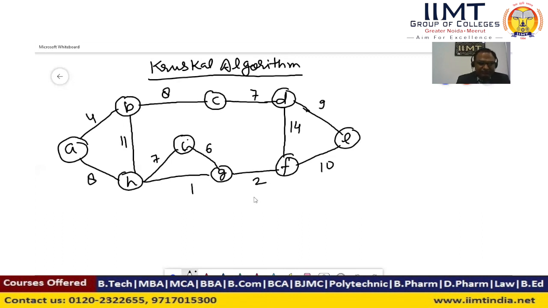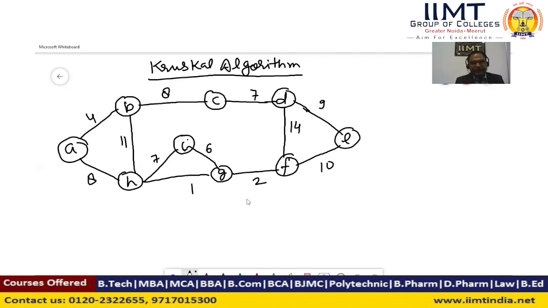Now the question is, what is a spanning tree? Basically, a spanning tree is a subgraph that contains all the vertices of the graph, and the number of edges should be less than that of the graph, and there does not exist any cycle.